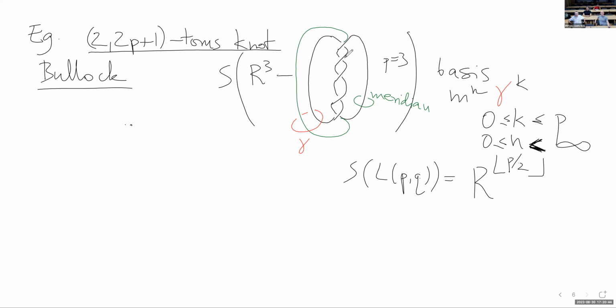But where do I see it in the picture? Well, I basically want this number. If you don't like that, let's call it q, but I want q to be odd. And q signifies what? What is odd in the picture? (2, q). It's a knot which has q crossings.